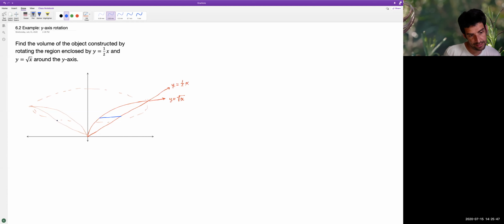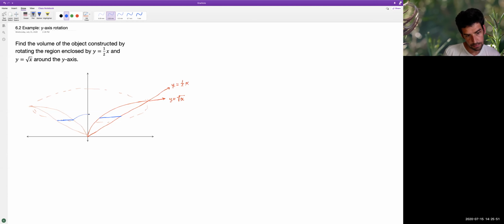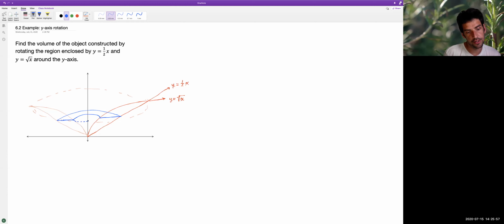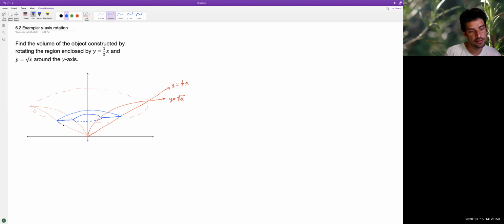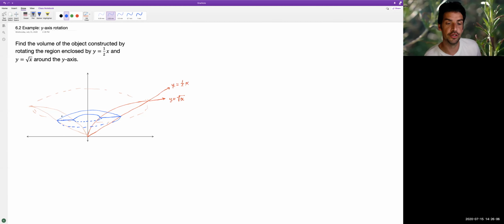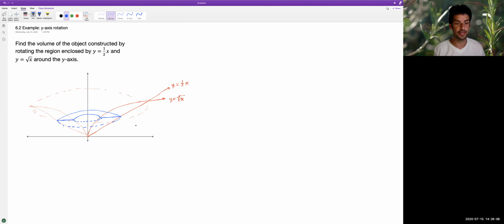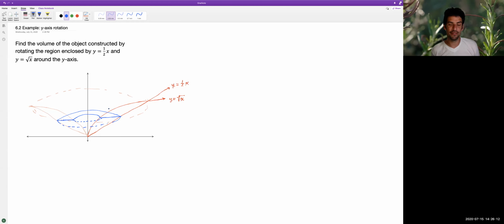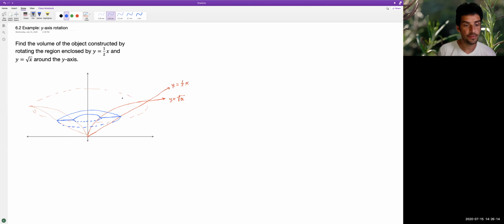So if I sliced this like this, this is kind of the shape going backwards, and we would have the same thing coming forward, right? There would be this circular shape if you slice it. It's like slicing a bowl or something like that. But it's in the y direction now, so things are behaving a little bit differently, okay?